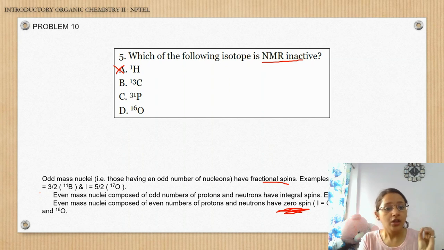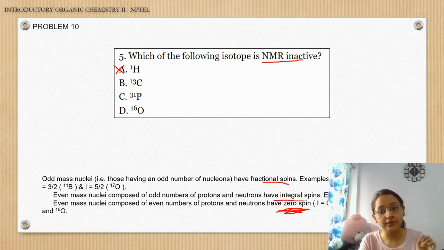So even mass nuclei composed of odd numbers of protons and neutrons have integral spins. See, even mass nuclei like 2H, 14N: the spin should be integral. But if we talk about hydrogen, the atomic number is 1. So if we have an even mass for a nucleus and an odd atomic number, then we face an integral spin.